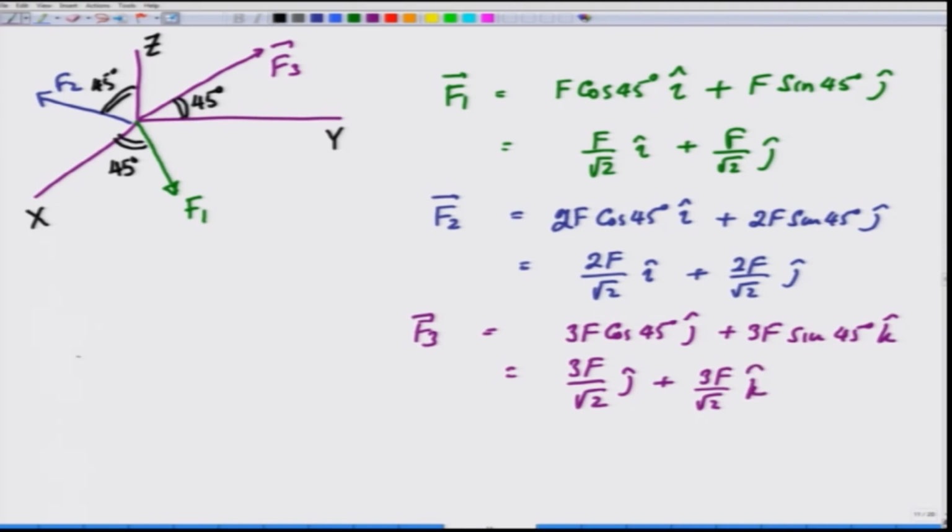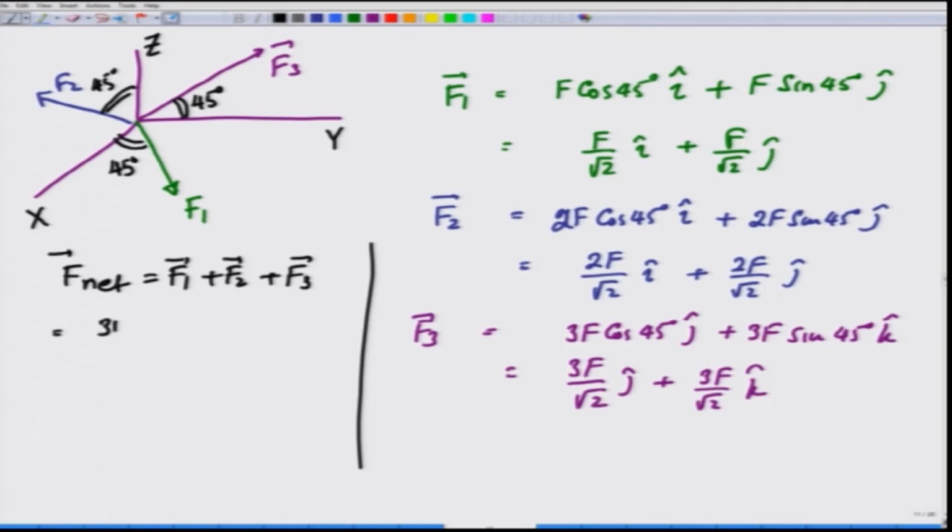So, F net, which is F1 plus F2 plus F3, is now very easy to calculate, because I can add the x components, y components and the z components, and this gives me 3f over root 2 i plus, in the j component, f by root 2 and 3f by root 2, and 2f by root 2 was not in the j direction, this was in the k direction.